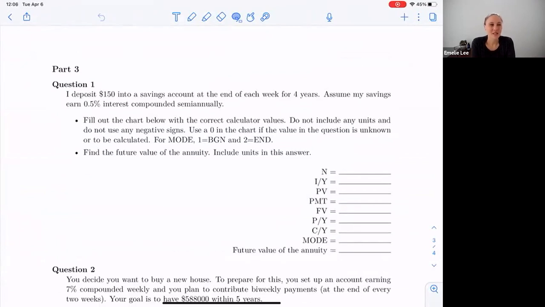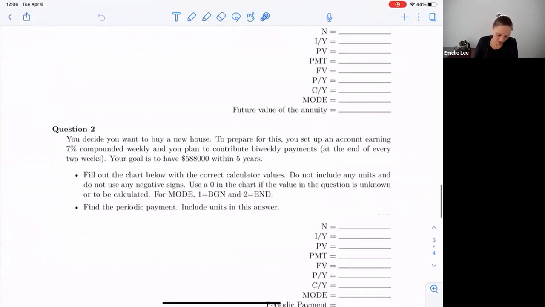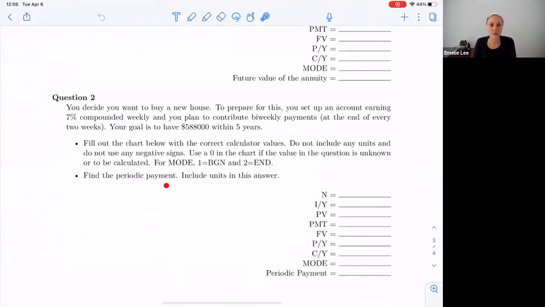Okay, so part 3, a lot more of the same, right? Just having a glance here. Again, we're going to find a future value, and then we're going to find the payment amount. So like I mentioned, this test, besides part 1, where you're calculating those equivalent interest rates, we're only going to be bouncing between future value, present value, and finding the payment amounts.